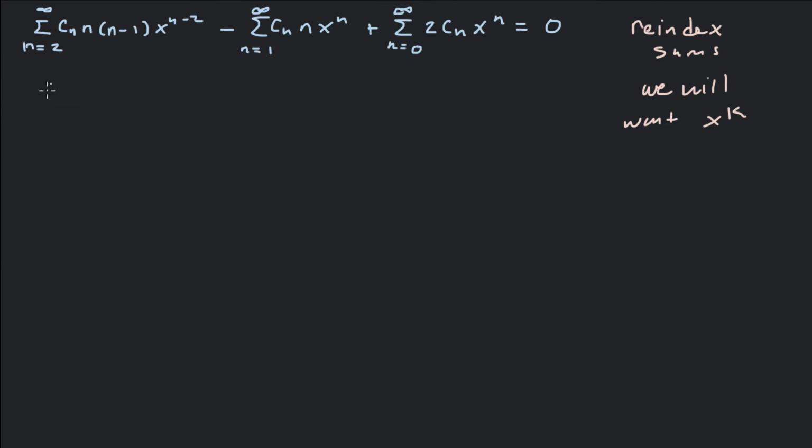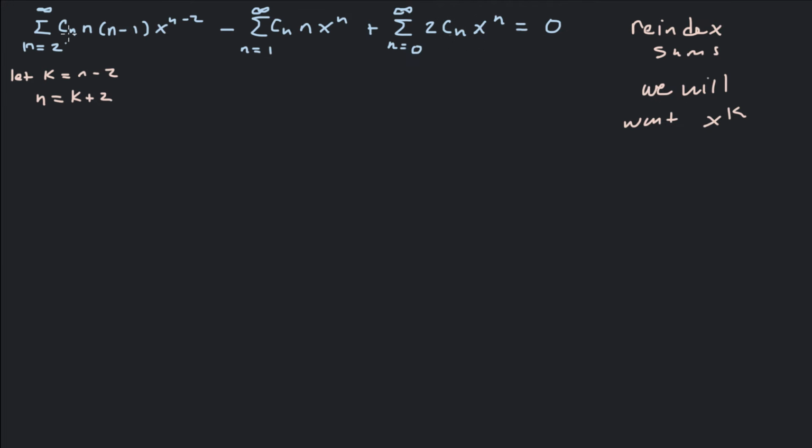That's our strategy. So if I want this to become x to the k, I'm going to let k equal n minus 2 for the first sum at least. If k equals n minus 2 in the first sum, then n would be equal to k plus 2. So if n equals k plus 2, then k equals n minus 2, and I'm going to sub all that in for n up here. But just like for an integral with u substitution, if we have a definite integral, we need to change the bound.